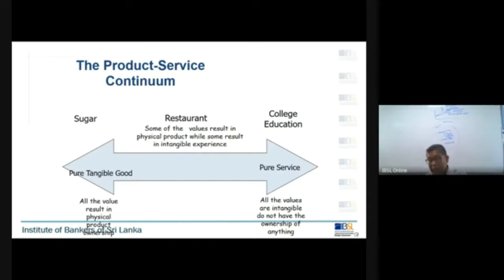Food and the service, right? It's a hybrid in between. So the product services continuum means we have an extreme corner of pure tangible goods. We have an extreme corner of pure service. Example for tangible goods, you can have sugar. Entire right hand pure service, college education. But in between there may be a hybrid. Example for that is restaurant.